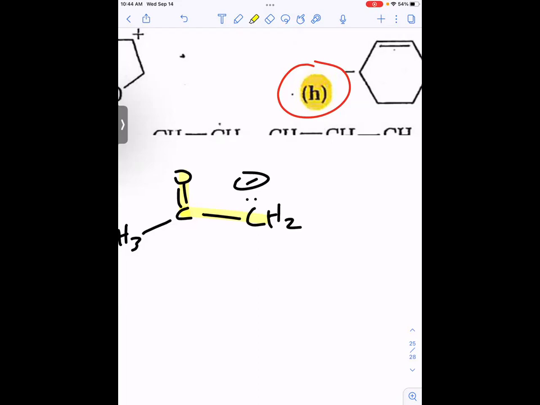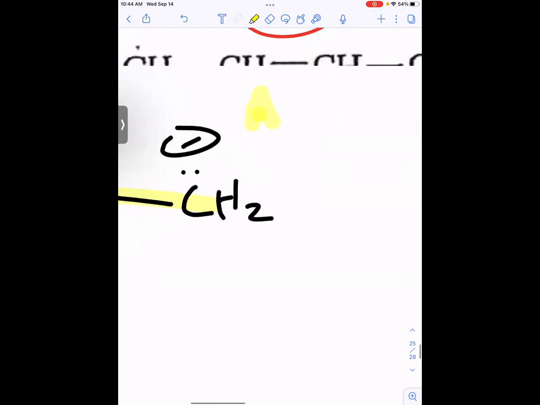So what type of system does this fall under? It's got a negative charge, so that means it's an anion or a cation? Yeah, that's the anion. It's got a negatively charged carbon connected to a pi system. So this is an allylic anion.